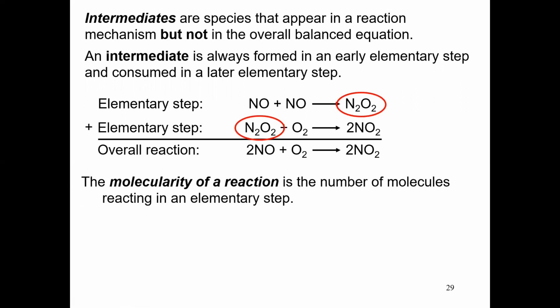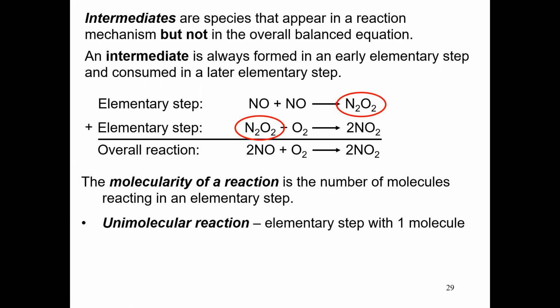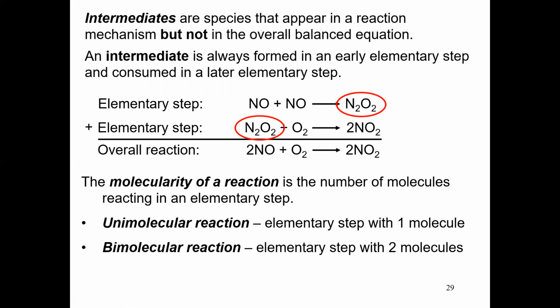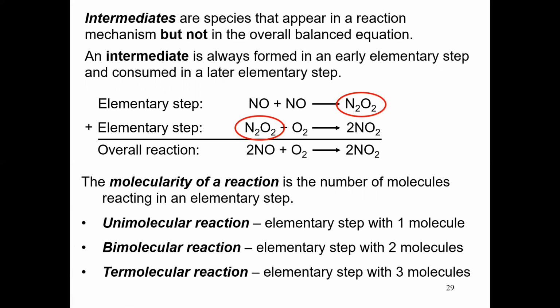The molecularity of a reaction is the number of molecules reacting in an elementary step. Unimolecular is just one molecule. A bimolecular one has two molecules associated with it. And then you can have 3 and 4. The rate laws and elementary steps: a unimolecular reaction goes from A to products.